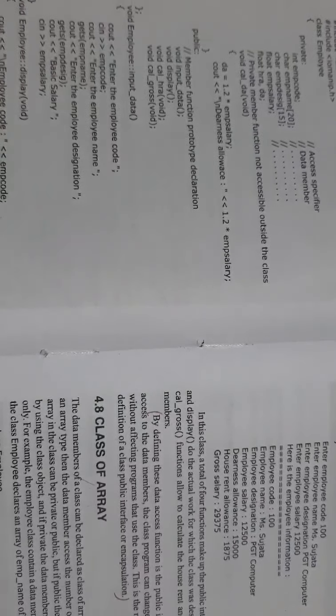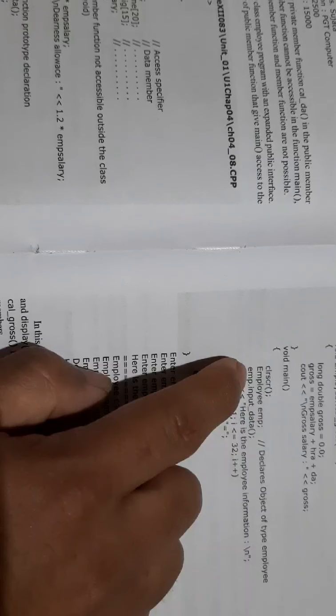Now when we come back to the main function, clear screen. Here, using the class name employee, the object is declared, emp. So now memory space is allocated for the object and the data members. Since the data members are private, we cannot directly access them.